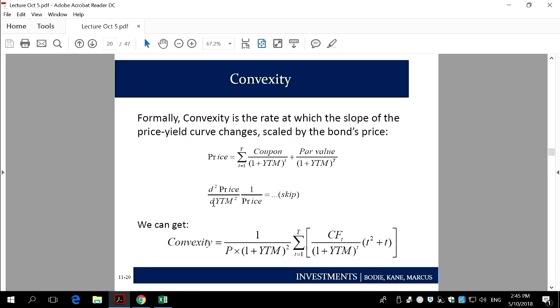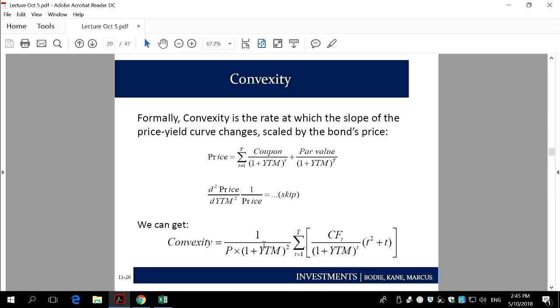Eventually, if you really wonder how I get it, you do a Taylor expansion of this part and look for the next term. It's not required. And the next term would be something called convexity.